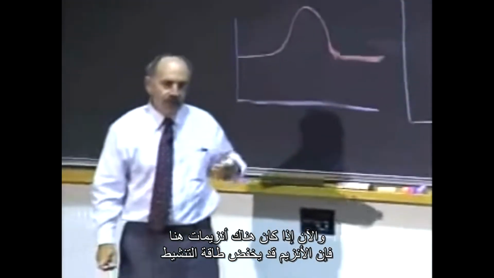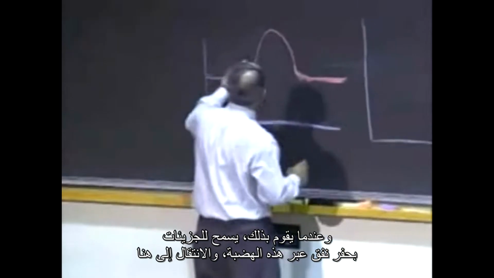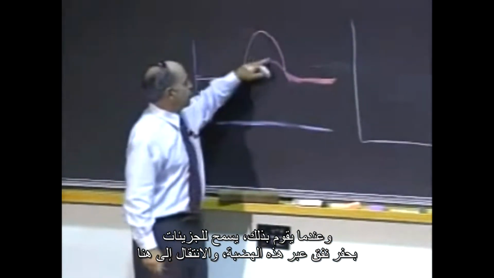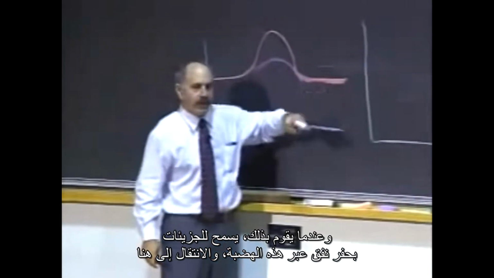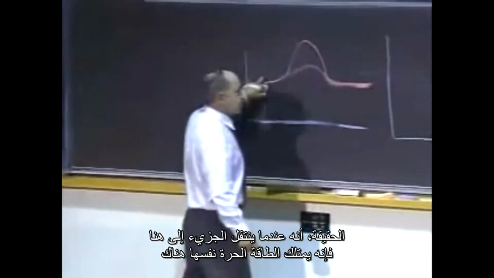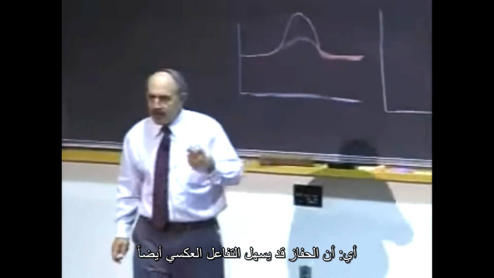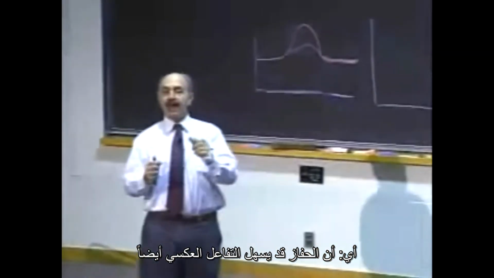Now, if there were an enzyme around, the enzyme might lower the activation energy, and in so doing, make it possible for molecules to tunnel through this hill and move over to here. The fact that when a molecule gets over here, it has the same free energy as over there, means that the catalyst may in principle also facilitate a back reaction.